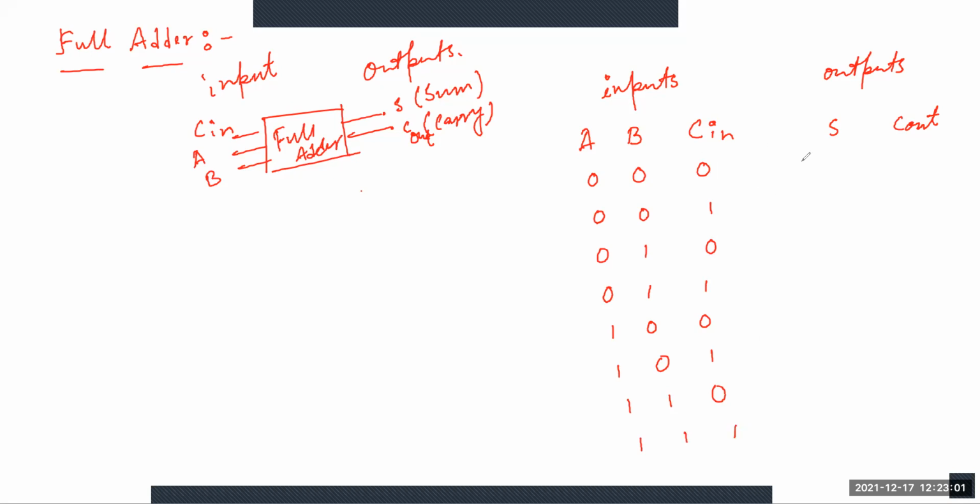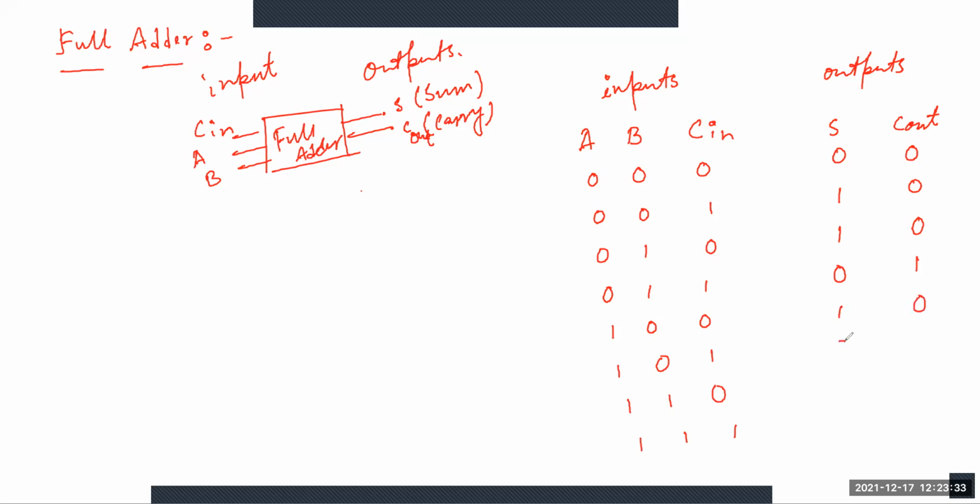Suppose now here sum and carry both are 0 0. For this case, sum is 1, carry is 0. Third one, sum is 1, carry is 0. The case of this, only the sum is 0 and the carry is 1. For the case of this, the sum is 1, carry is 0.